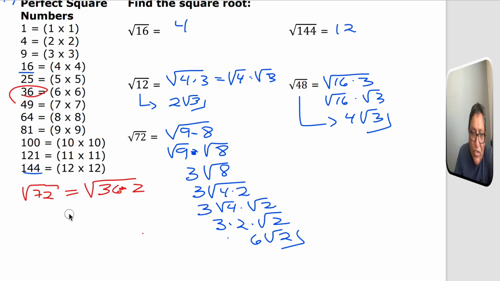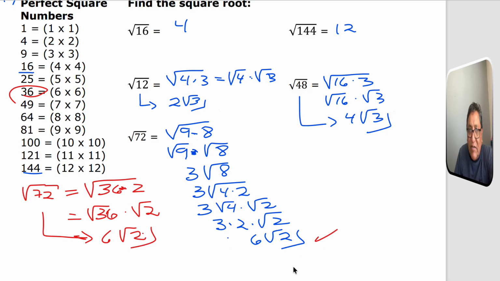So, in other words, the square root of 36 times the square root of 2. The square root of 36 is 6, and the square root of 2 we cannot simplify. So the answer will be 6 times the square root of 2, which is exactly the same thing.